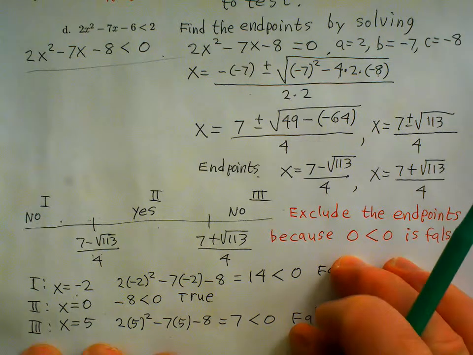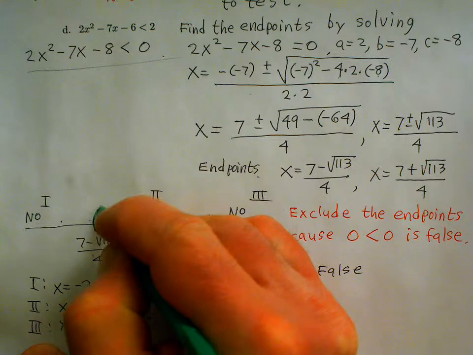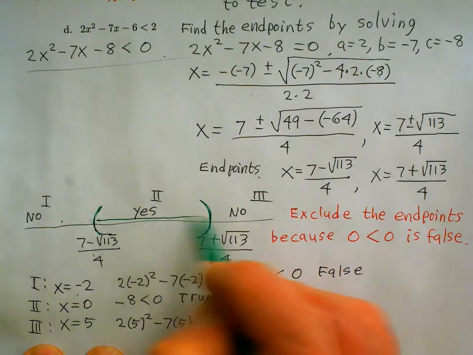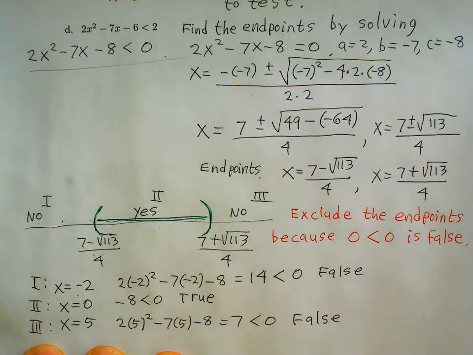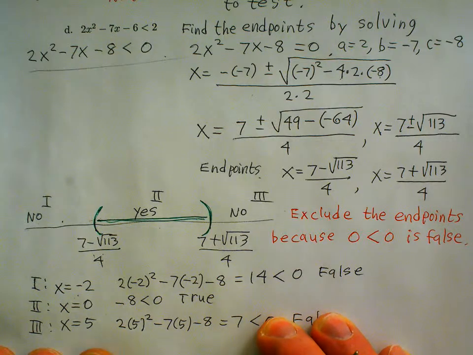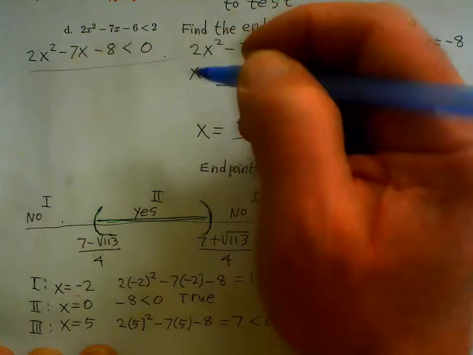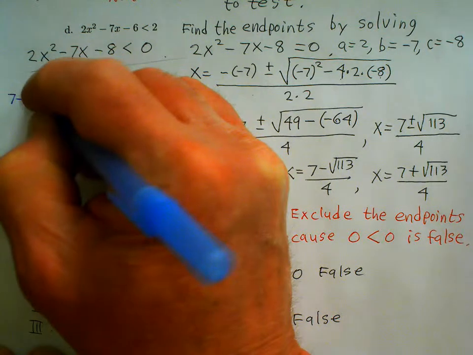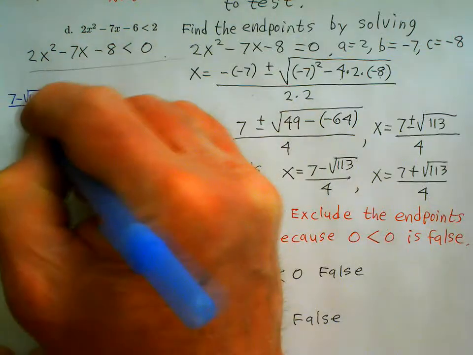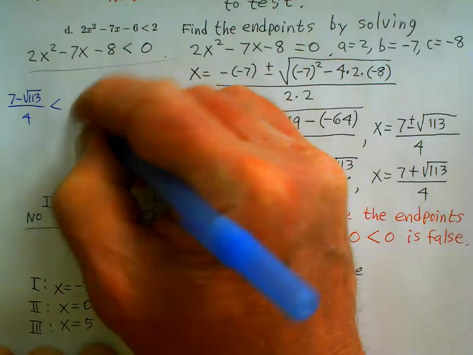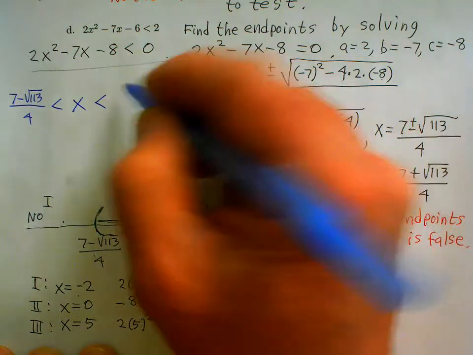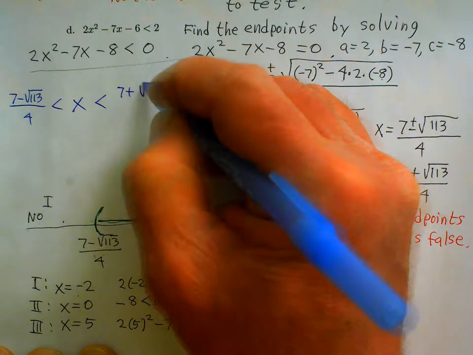Okay, so graphically we put parentheses at the endpoints, and then the interval in between the endpoints is the solution. Okay, the algebraic notation, 7 minus the square root of 113 over 4 is less than x, which is less than 7 plus the square root of 113 over 4.